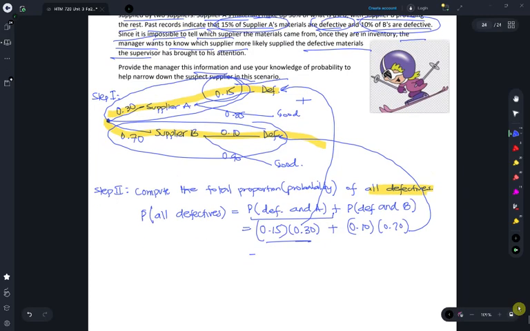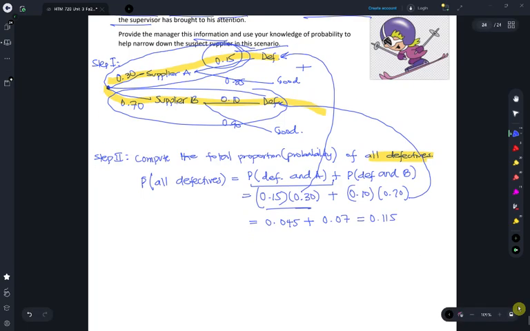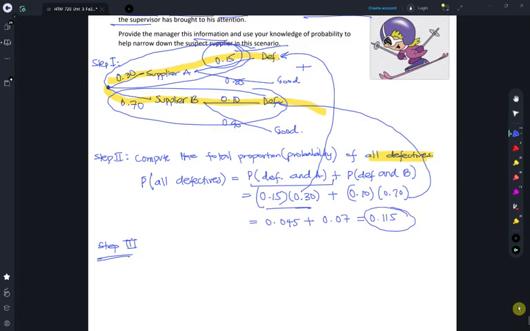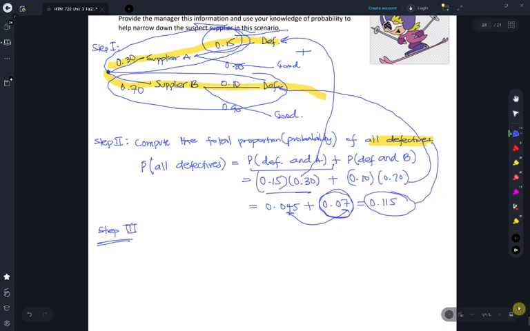Ultimately, we have 0.045 plus 0.07, which gives us 0.115. The final step: who has the bigger chunk of the probabilities? It is obvious that of all the defectives, 0.045 is less than 0.07. So there's no doubt that the majority of the defectives appear to come from supplier B.